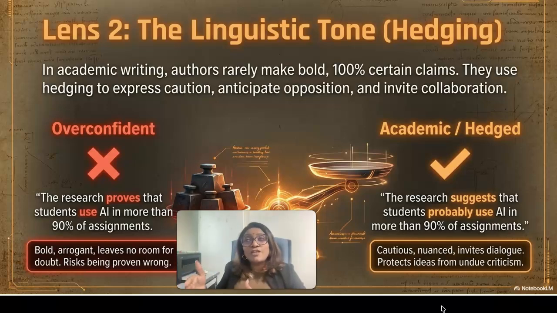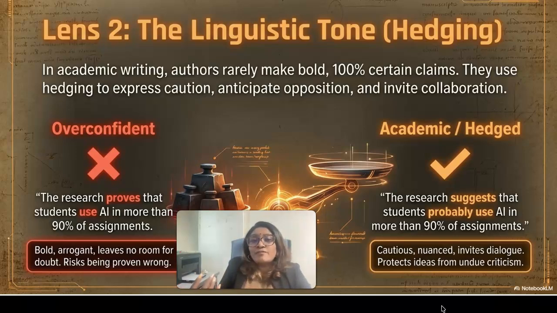Okay, next we are looking at the linguistic tone, or the tone itself when we are dealing with the text, right? So in academic writing, or even in conventional writing, authors rarely, or in a very minimal way, actually make a bold statement which is 100% clean. So they usually use hedging to express caution, or sometimes to invite even collaboration.